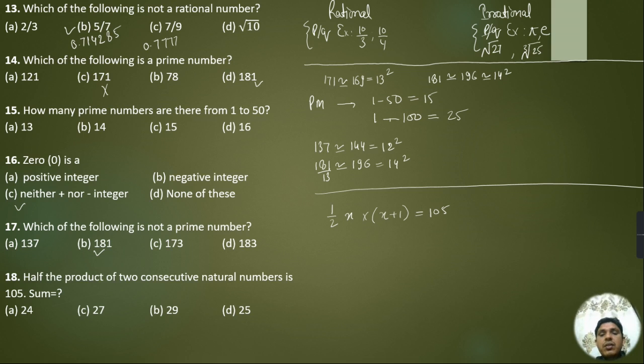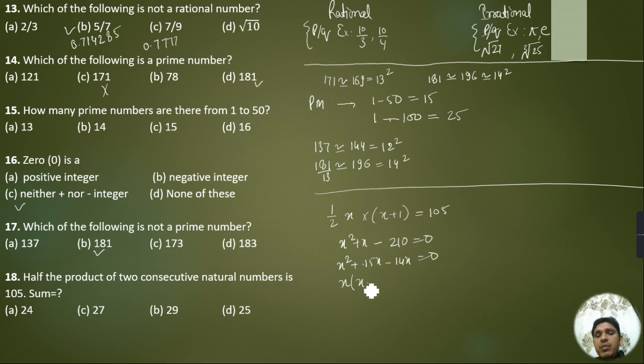So here we can make a quadratic equation like x square plus x minus 210 is equal to 0. Thereafter we can find the two factors of this. So this will be x square plus 15x minus 14x minus 210 equals 0.